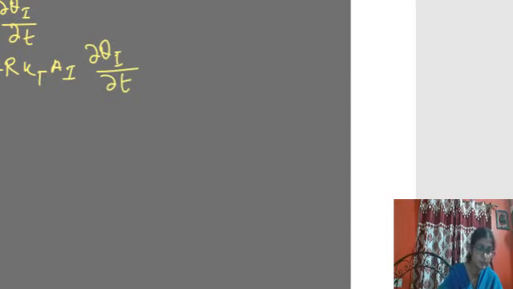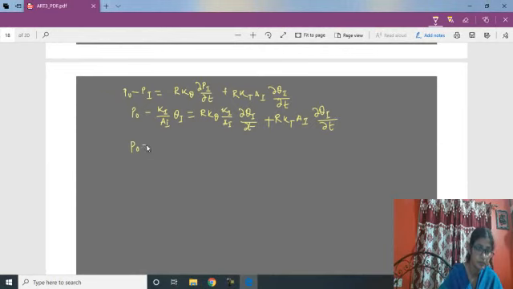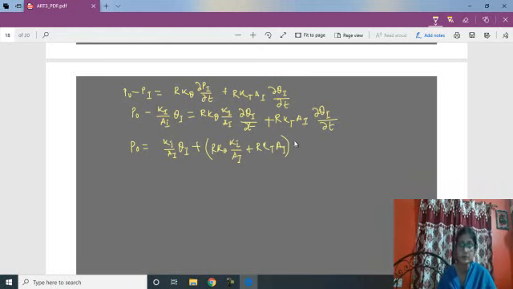So this P0 is equal to Ki by Ai θI plus R kθ Ki by Ai plus R kT Ai, del θI del T. This is the expression for P0.